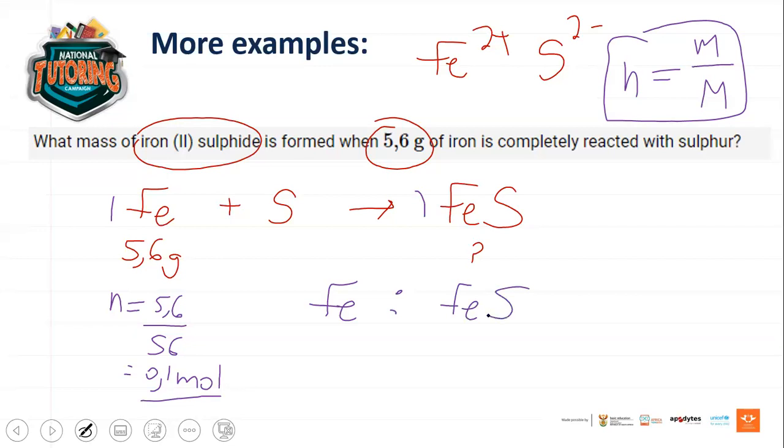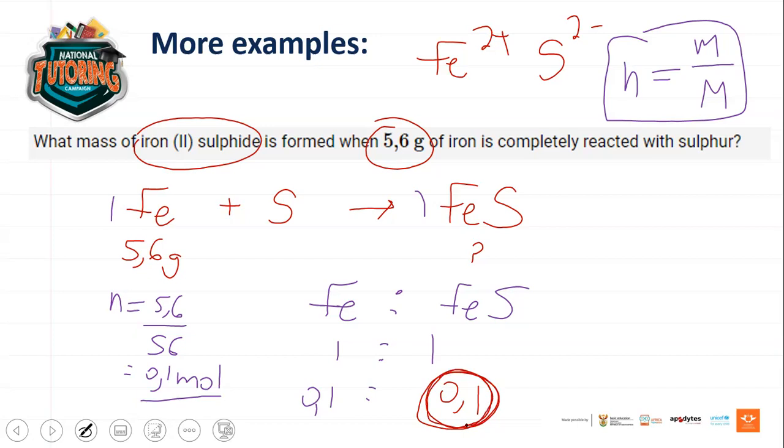My ratio is 1:1. That means if I have 0,1 moles of iron, then I'm also going to get 0,1 moles of iron sulfide. So I have to use the mole ratio to work that out. That's why I've got it in a different color now.